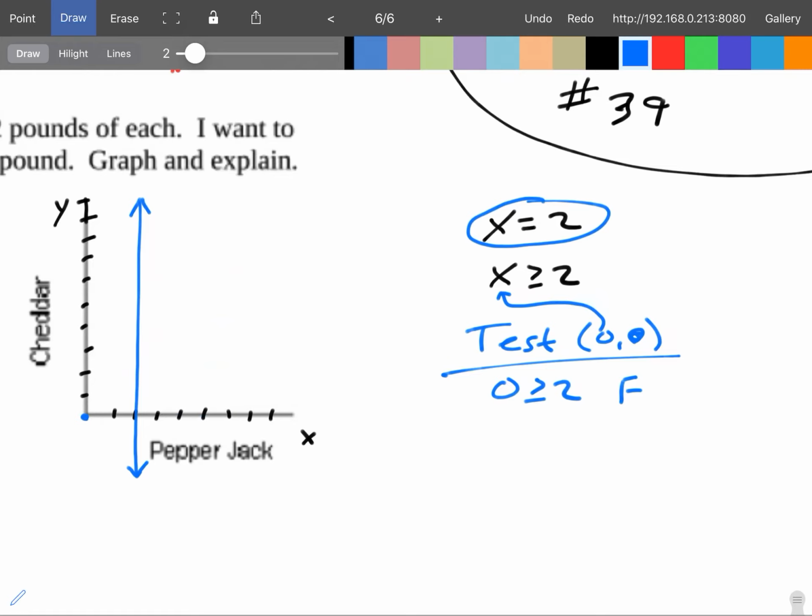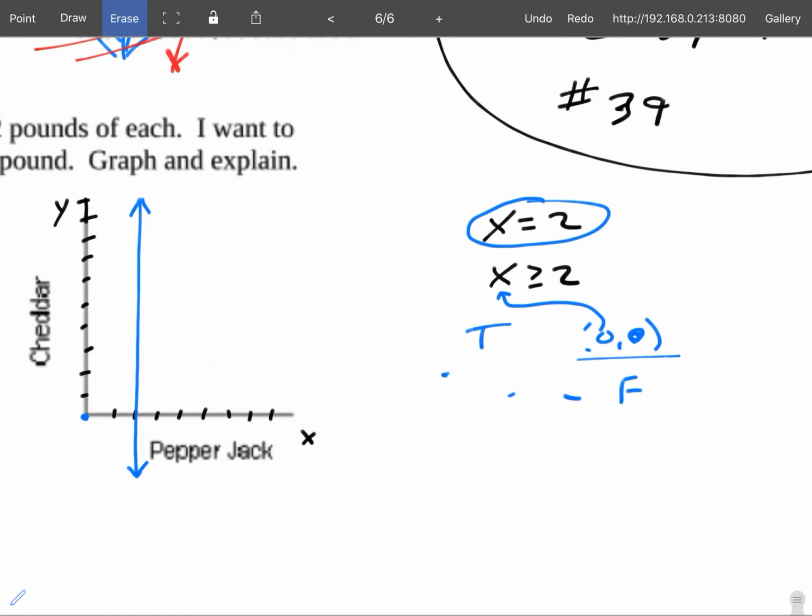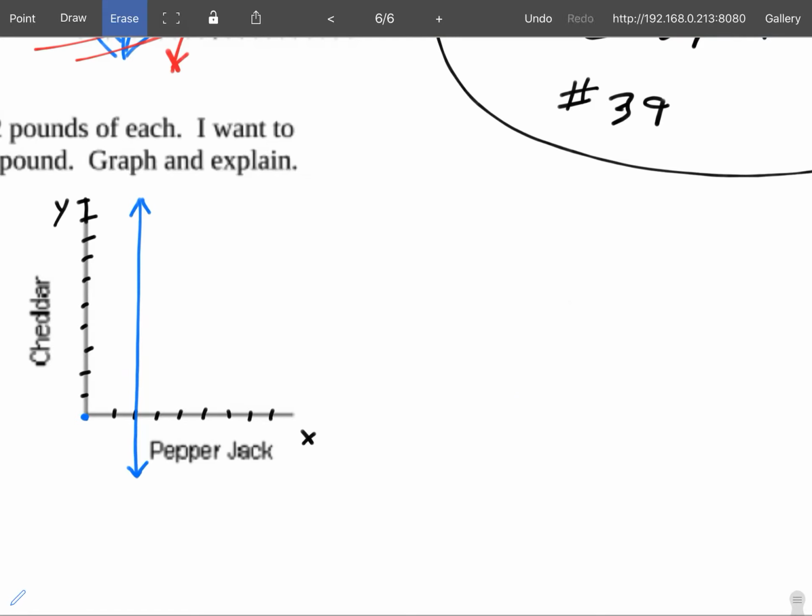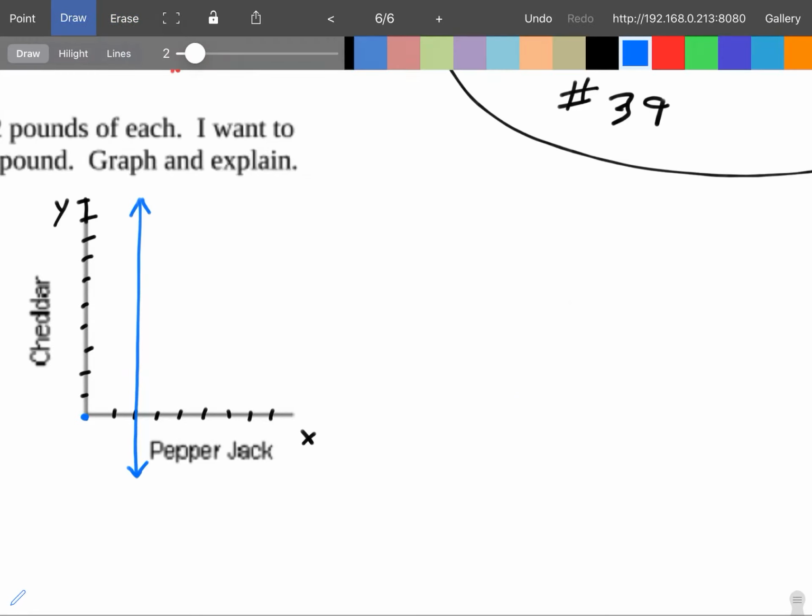All right, then we got to do our next line. So I'm going to erase all this stuff. So our next line was y equals 2. It was actually y is greater than or equal to 2.